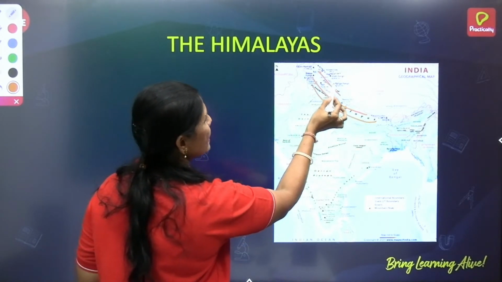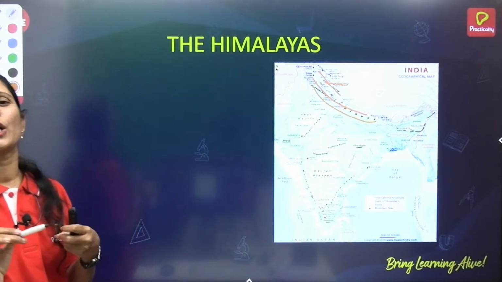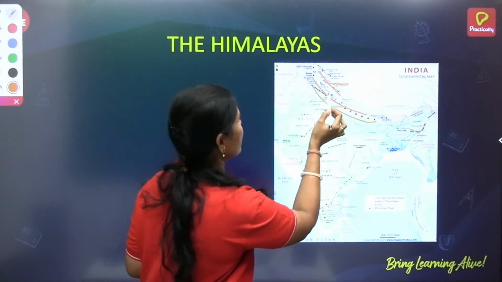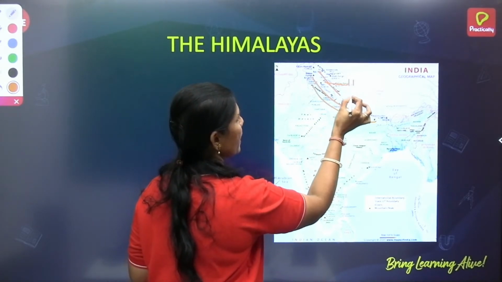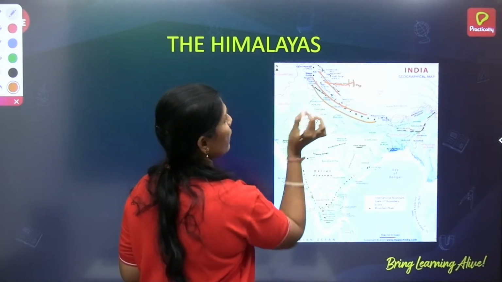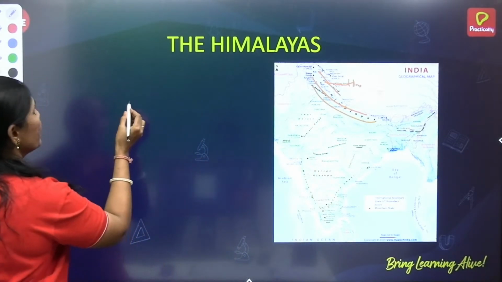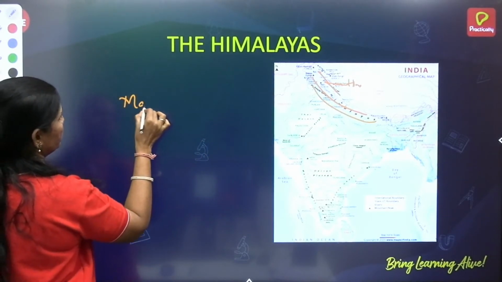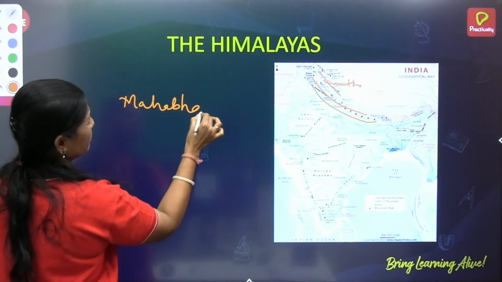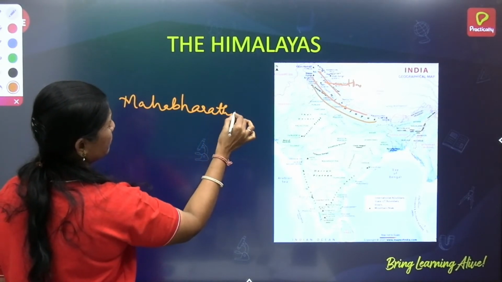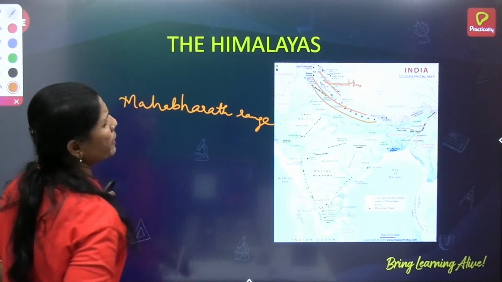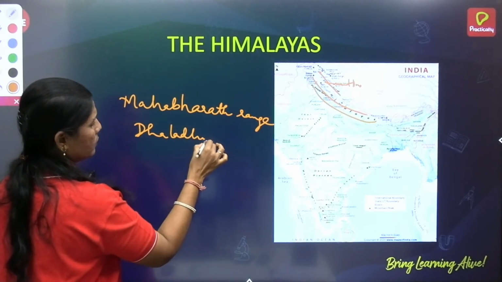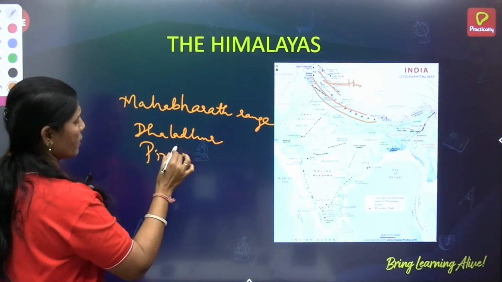In the Himadri there are some ranges, which we call the Karakoram range and Zaskar range. In the Himachal we have other ranges: the Mahabharat range, Dhauladhar range and Pir Panjal range.